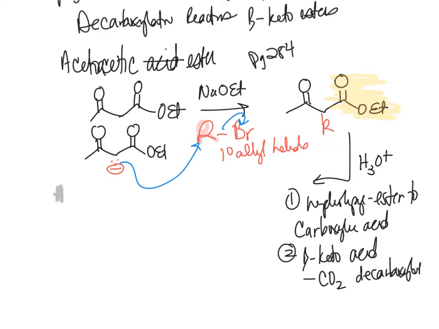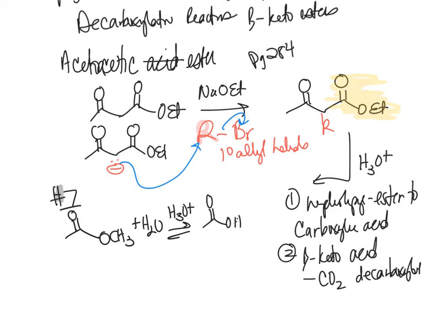Number 7 says esters can undergo acid catalyzed hydrolysis as shown below. Here we have the methyl ester, and we're adding acid. That gives you the carboxylic acid plus methanol.